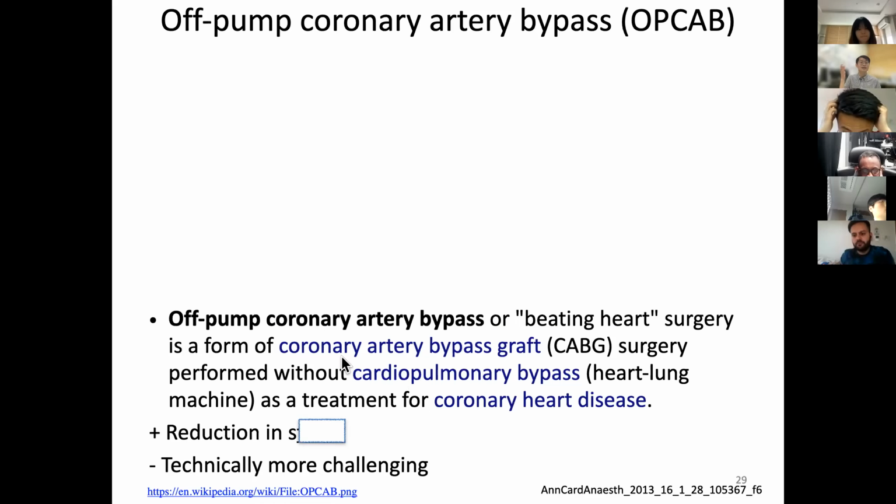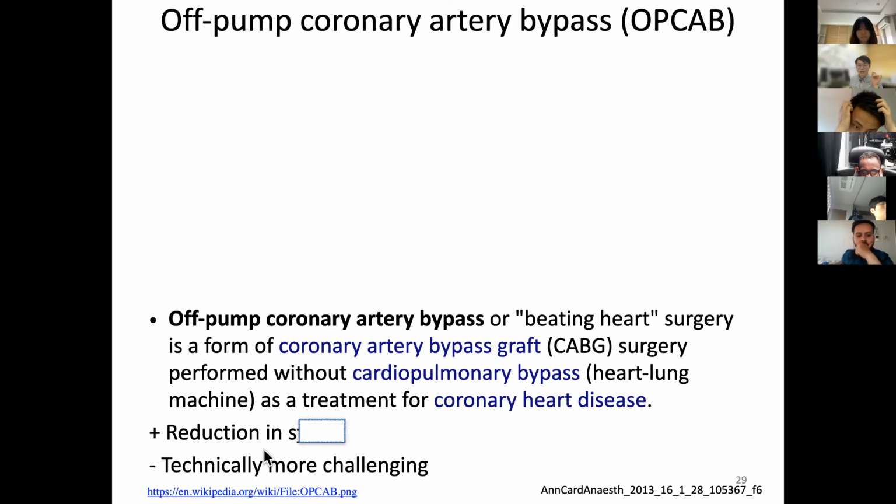Even doctors say, I forgot the term, pump head syndrome or something, because after this surgery, somehow many strokes can happen. The patient's life is saved, but the patient has a problem.